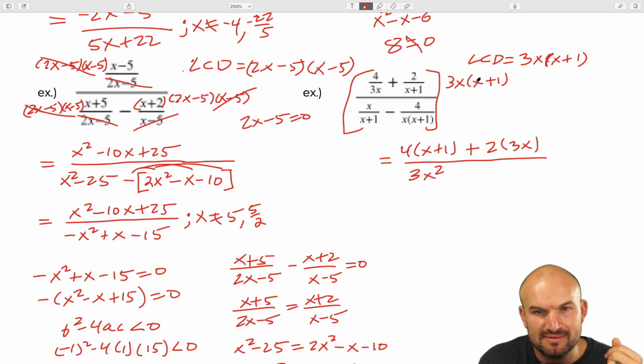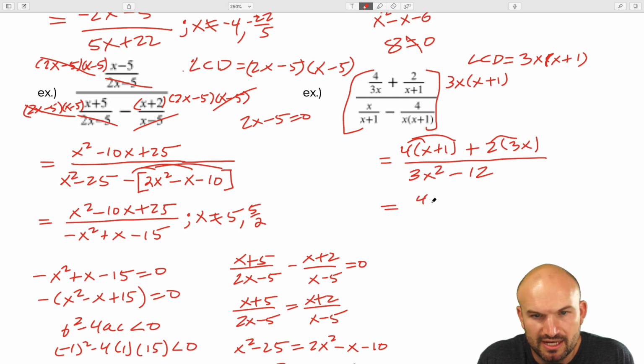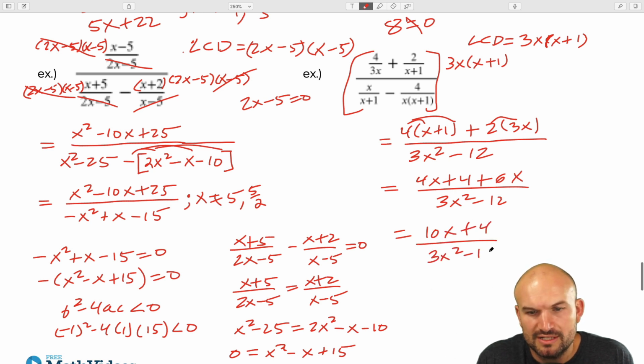And here, the x times the x plus 1s divide out, so that'll give me a negative 12. Then I can apply the distributive property, and this will give me 4x plus 4 plus 6x divided by 3x squared minus 12, which equals 10x plus 4 divided by 3x squared minus 12.